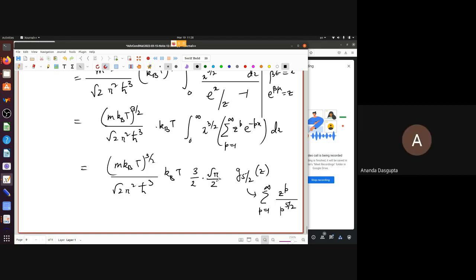I'm writing it like this simply because this root pi by 2, along with this, gave us the similar formula that we had before, the (m kB T by 2 pi h cross squared) to the power 3 by 2, the one which we had for n. That came with this root pi by 2. Then you have a 3 by 2 kB T times that and a g 5 by 2 of z.